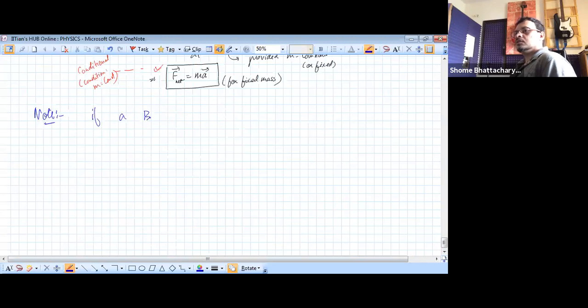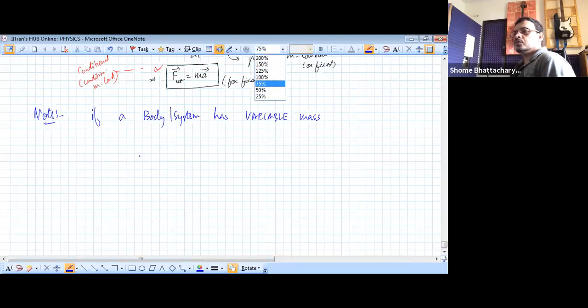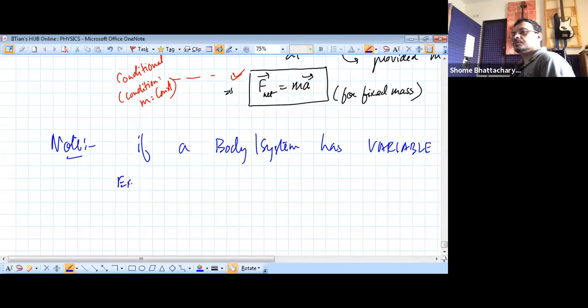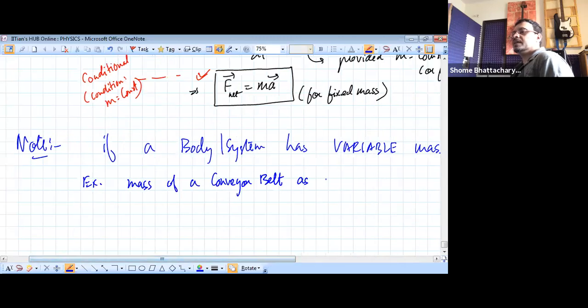If a body or a system has variable mass, I might say that, okay, how is that possible? So I'll explain to you. For example, the mass of a conveyor belt as material is being added to it.